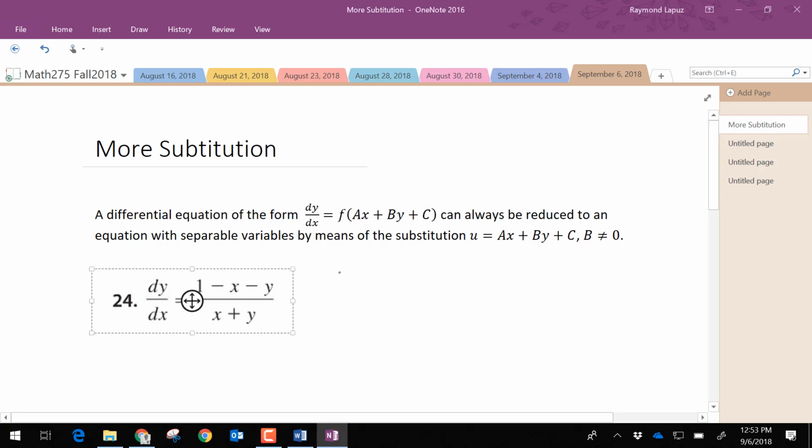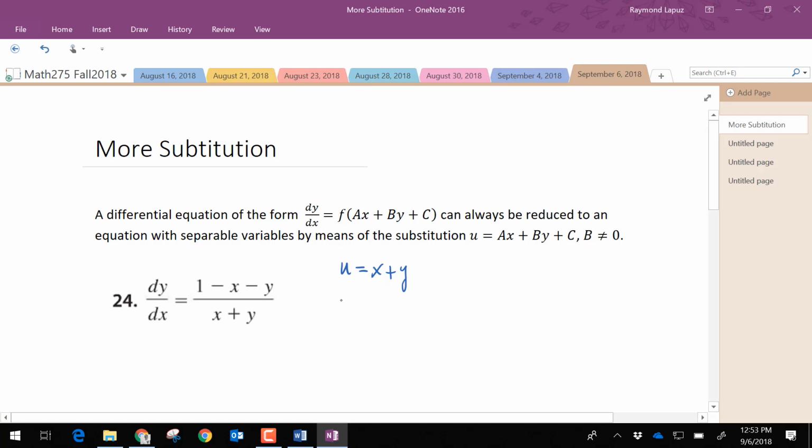Let's start off doing this example by letting u equal x plus y. And then remember that when we're replacing something with a substitution, just like the u substitution in Calc 2, we have to find the differential to replace any of the dx's, dy's that we have. So here we have a dy dx, so we probably want to just take the derivative with respect to x.